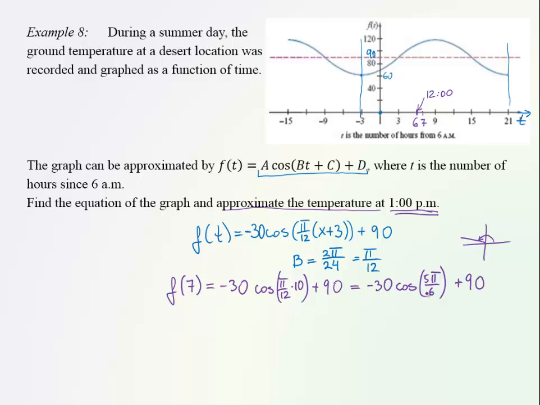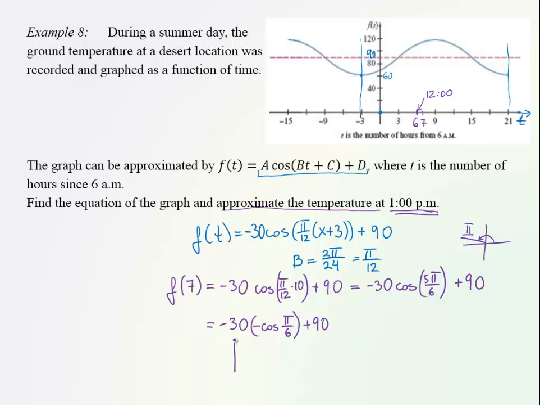Therefore, the reference angle is pi over 6. Okay, so this is the same as negative 30 cosine of pi over 6, but our angle is in the second quadrant, so cosine of 5 pi over 6 is the same as negative cosine of pi over 6, and then plus 90.